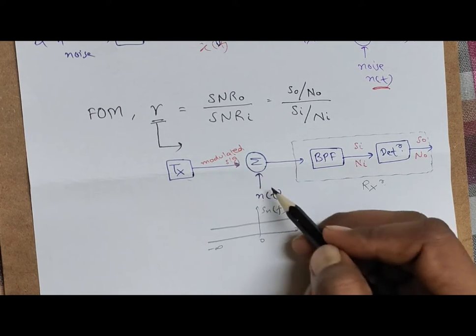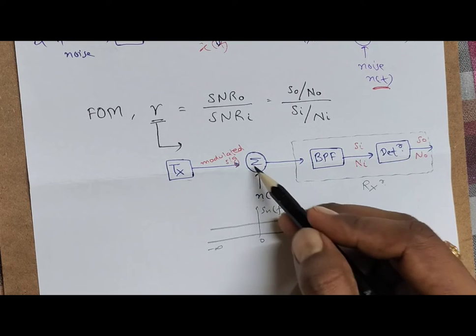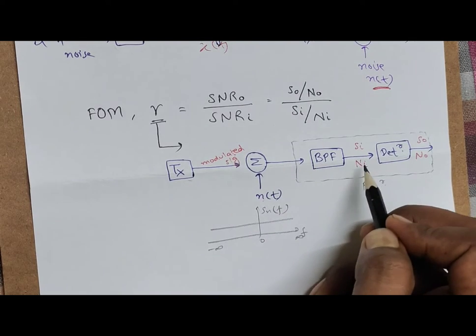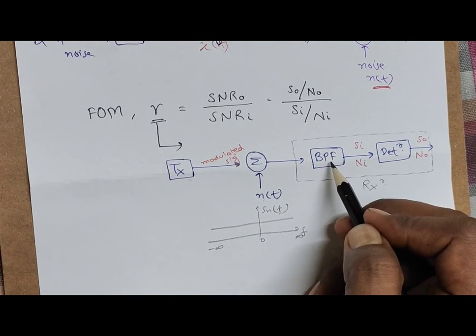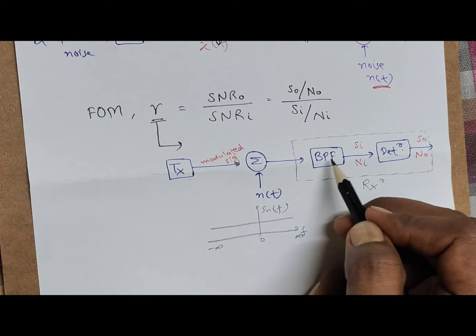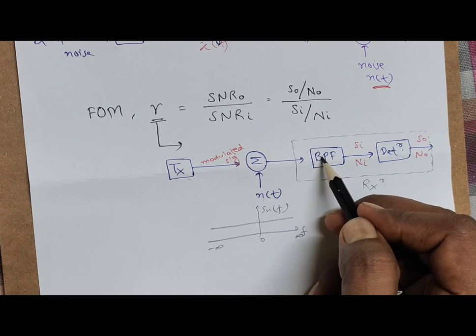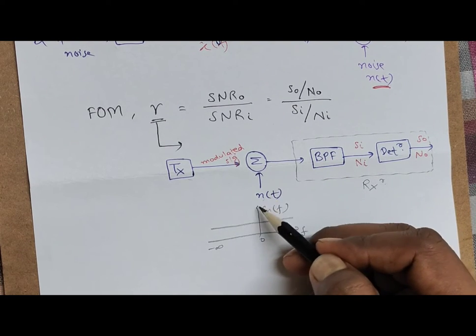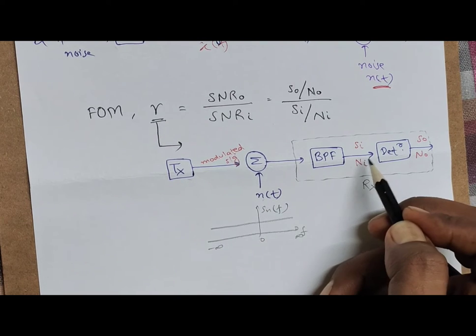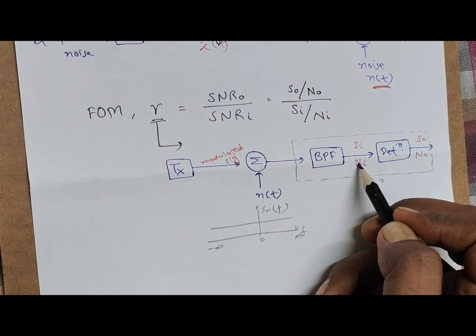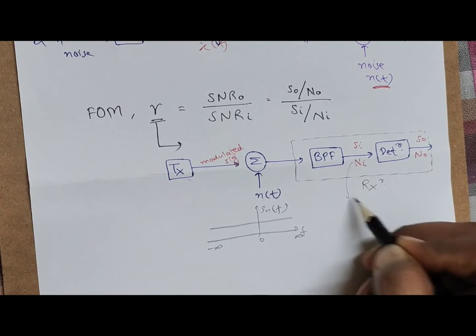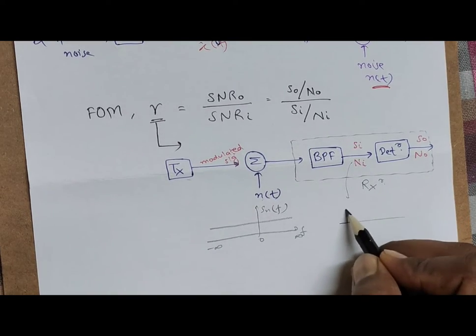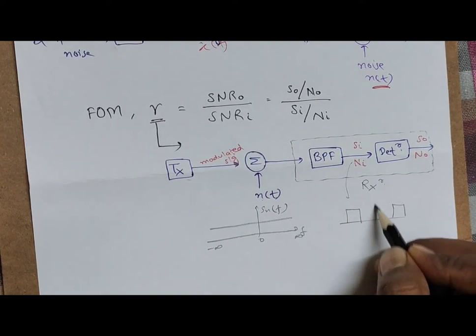Both this noise and the modulated signal are fed to the receiver, where they first come in contact with a bandpass filter. The first block of the receiver is the bandpass filter, which converts the wideband noise NT into a narrowband signal. The noise at this point will be like this.